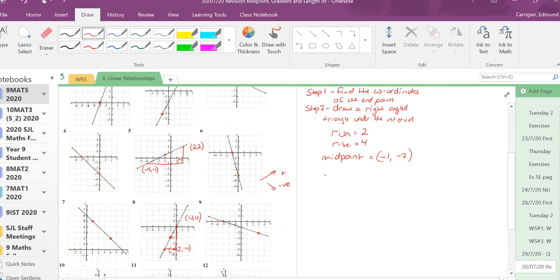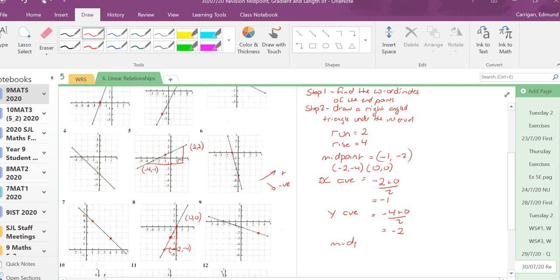Using our averages, midpoint, x average is equal to, for our points, we put our points in, we've got -2, -4, and we've got 0, 0. Our x average is -2 plus 0 on 2 equals -1, and the y average is equal to -4 plus 0 on 2 equals -2.